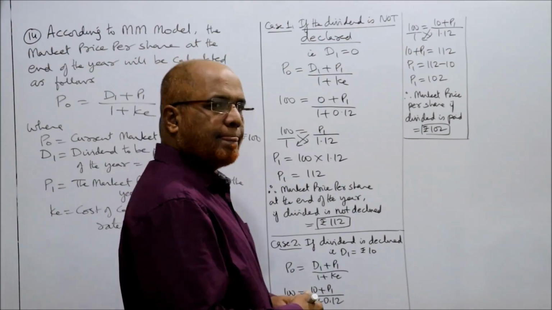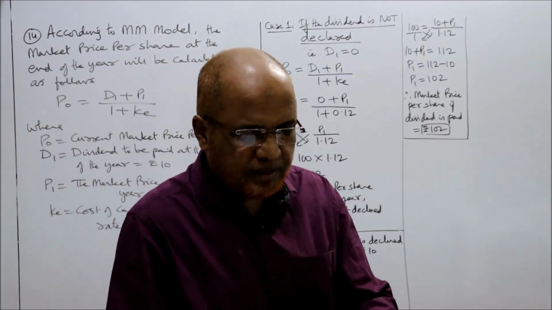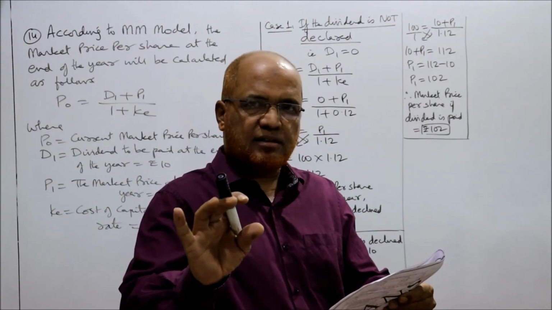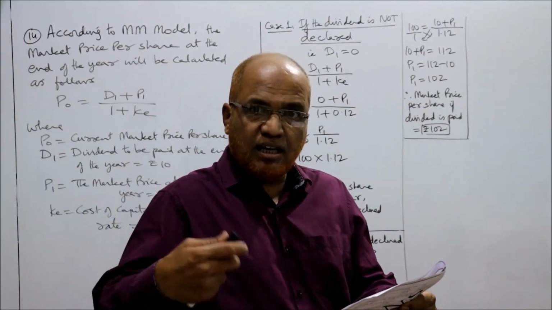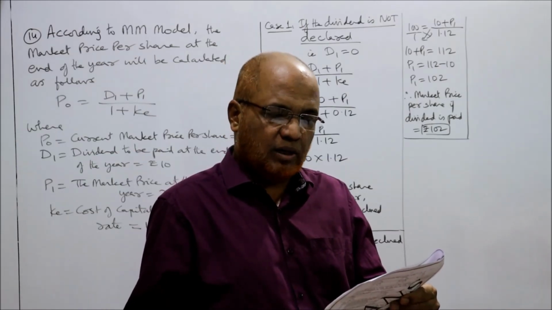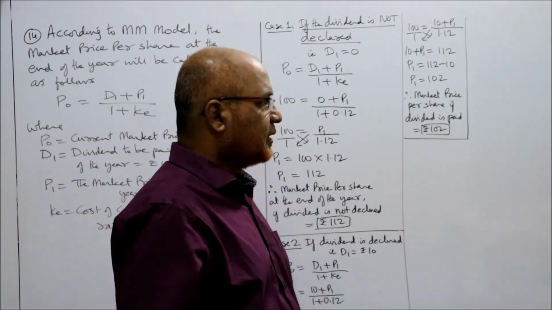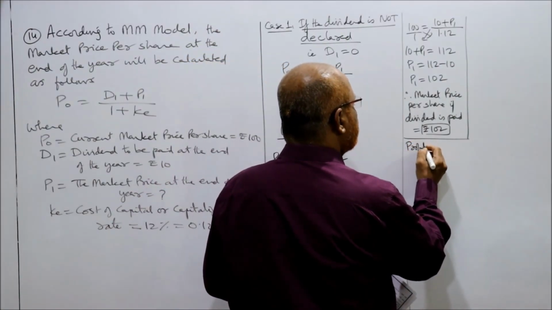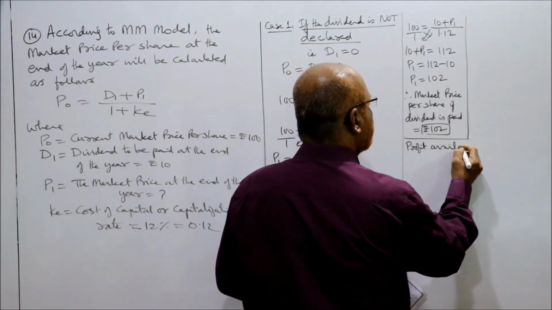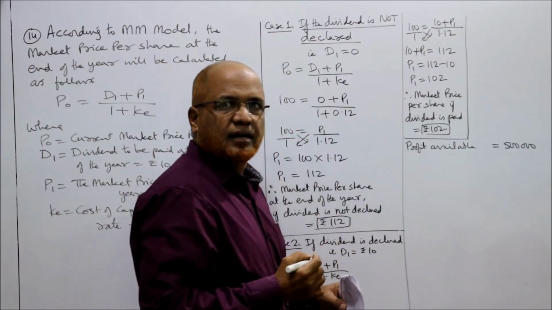Now secondly we will calculate the number of shares. Assuming that the company pays the dividend and has net profit of rupees 5 lakh and makes new investment of 10 lakh during the period, how many shares must be issued? Yes, second part. So profit available is equal to 5 lakh.